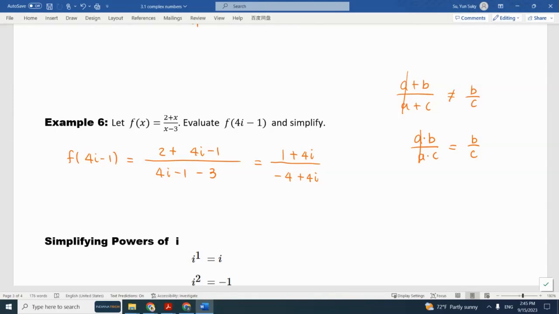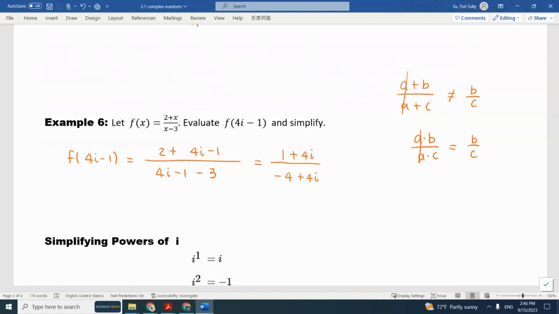Do you agree? Conjugate is like you change the middle sign from plus to minus. But I can tell you this number is so big. Actually, this problem, you can simplify the process a little bit. Can you see the denominator? You have a common factor, 4. Let's factor out the 4.